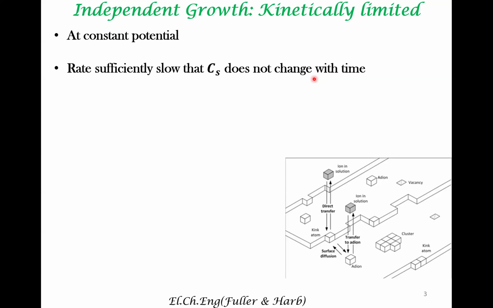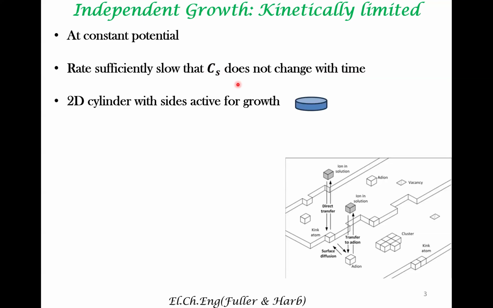This is a reasonable assumption when the rate is sufficiently slow. Therefore, the transport from the bulk of the electrolyte to the surface is much faster than the crystal growth rate. Therefore, CS is not changing with time.